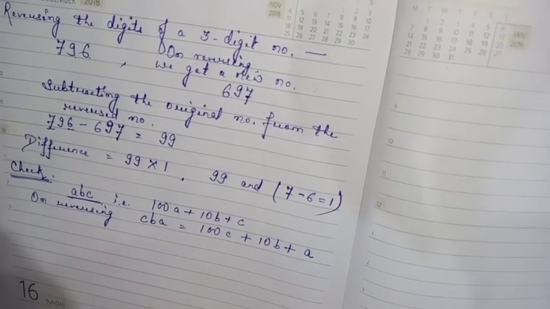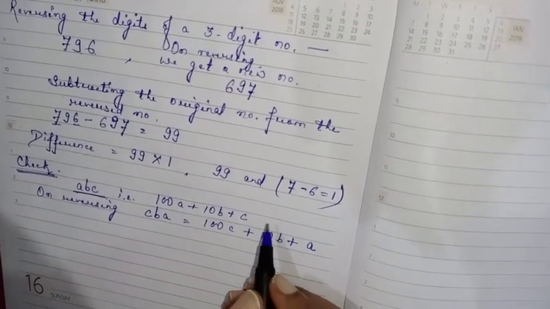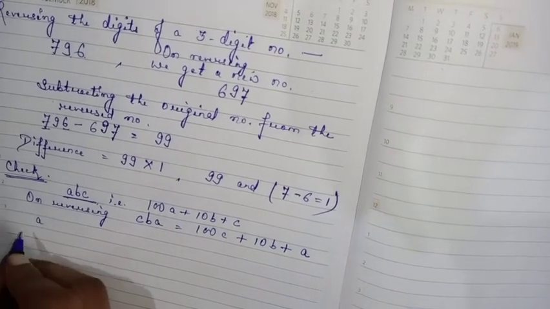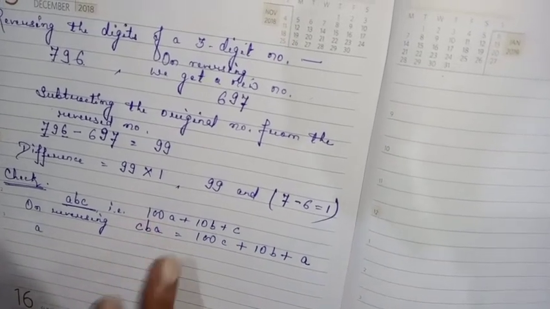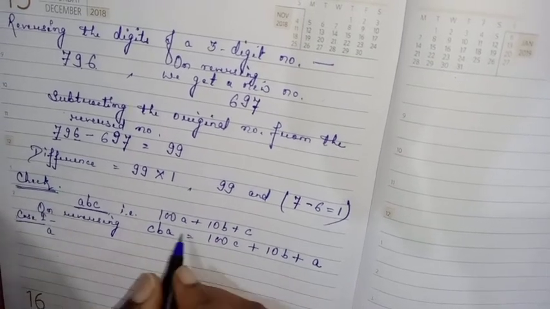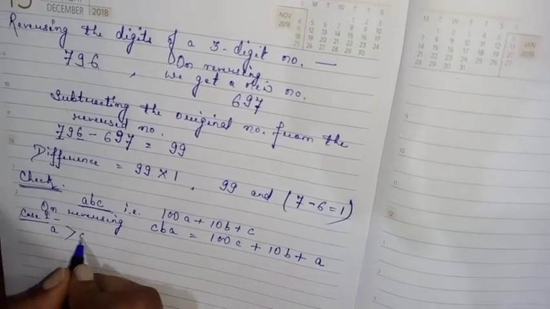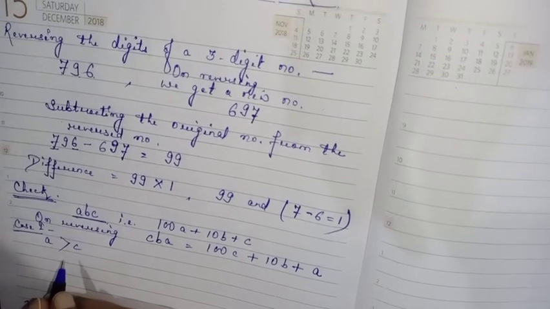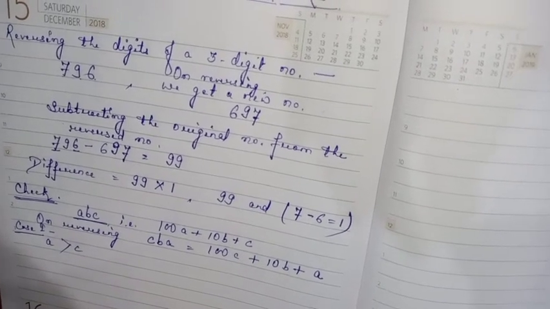So on subtracting, there will be 3 cases. In case 1, if A is greater than C, then the difference will be how much?